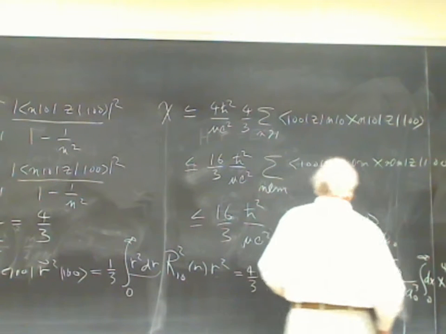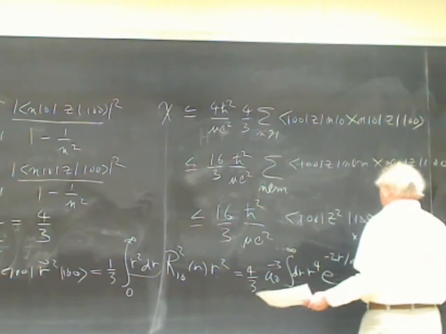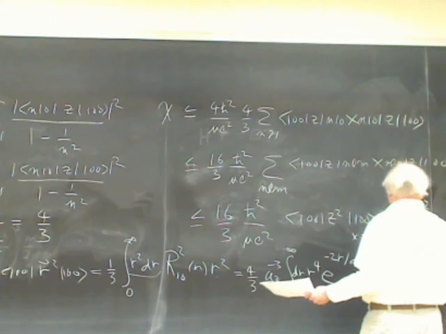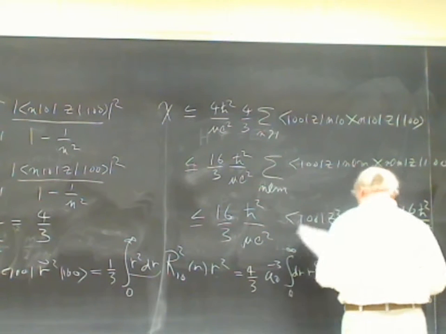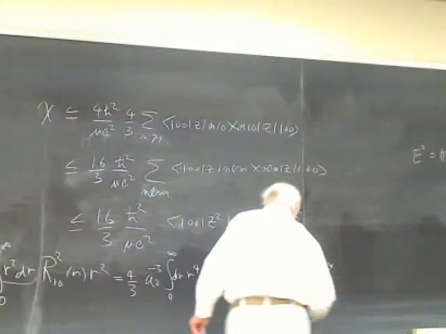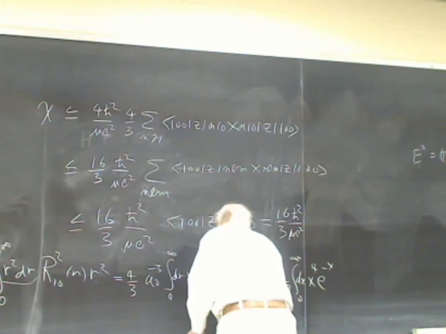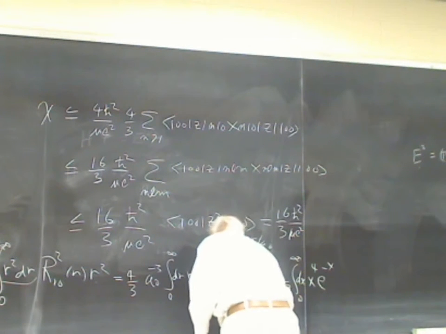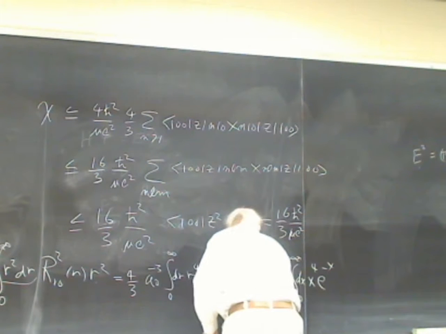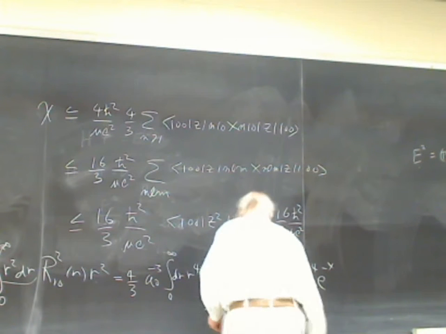And so altogether, this thing is 16/3 h bar squared over mu e squared times, well, I should actually put the 4 factorial here. So this is a0 squared over 2 to the 5th, 4/3, 4 factorial.